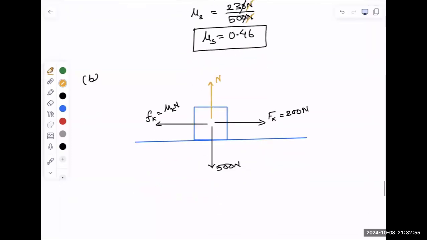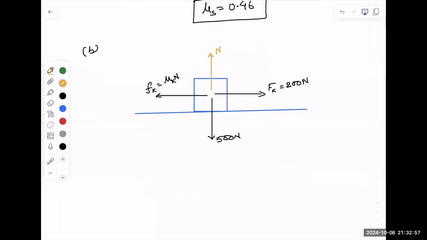Right? So what we know is very simple. Fk is mu k times N, which is equal to F applied, which is 200 Newton. So that means mu k is equal to 200 Newton over 500 Newton, and this is equal to 0.4.